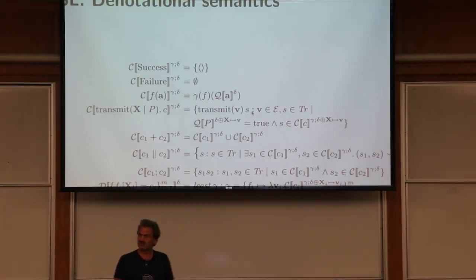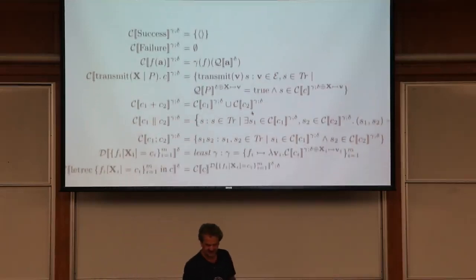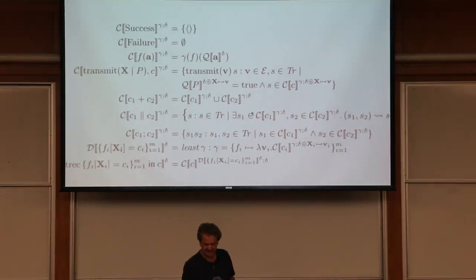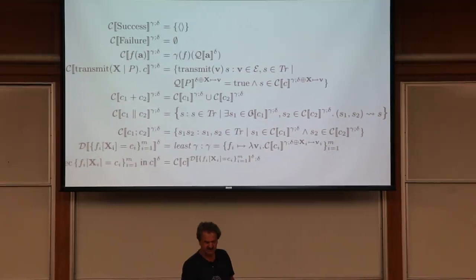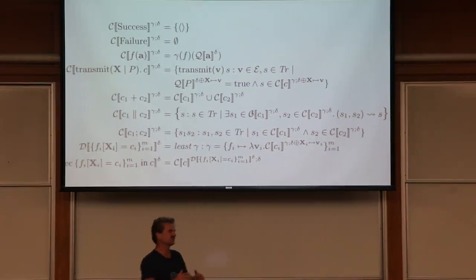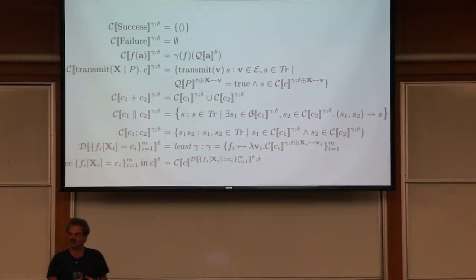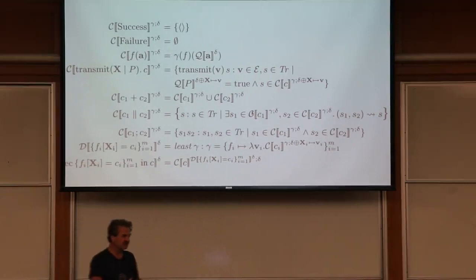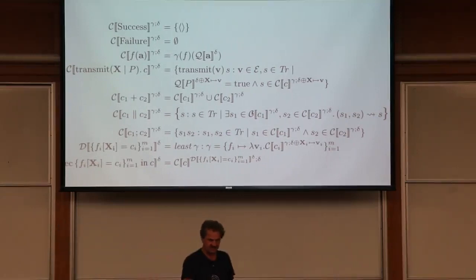So I just want to point out that if you squint a little bit and take out those parts that are really important for contracts and resource management, namely all the arguments, imagine now the transmit will just ignore that it has any arguments, okay? So we'll just think of it propositionally.